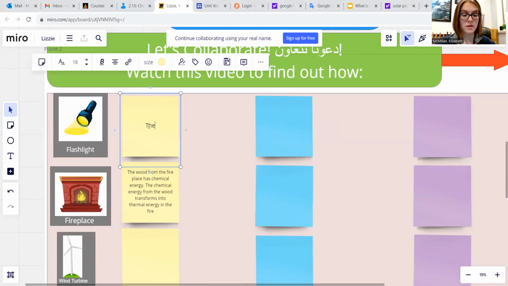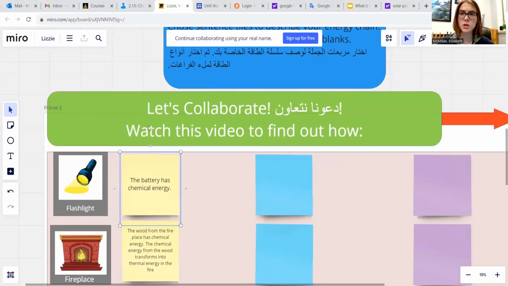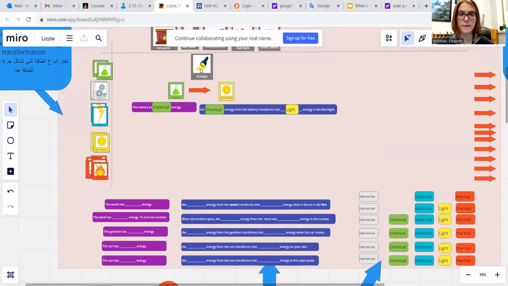We said the battery has chemical energy. Then let's scroll back up and try to remember what we said for that second part. That second part said the chemical energy from the battery transforms into light energy in the flashlight.